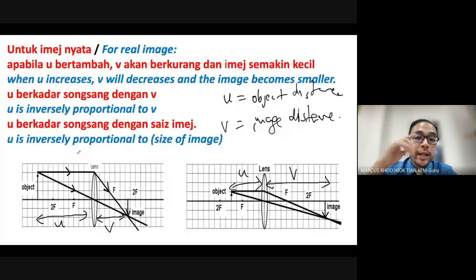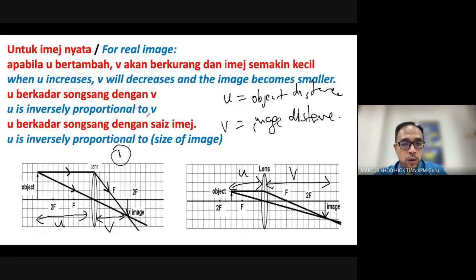This is something that Ain was saying just now. The further away the object, the image becomes nearer to the lens. Look at the U and V. Compare the U and V in diagram 1 and diagram 2. In diagram 1, the U is bigger than in diagram 2.